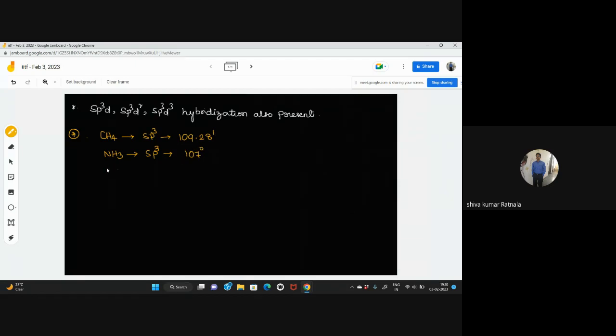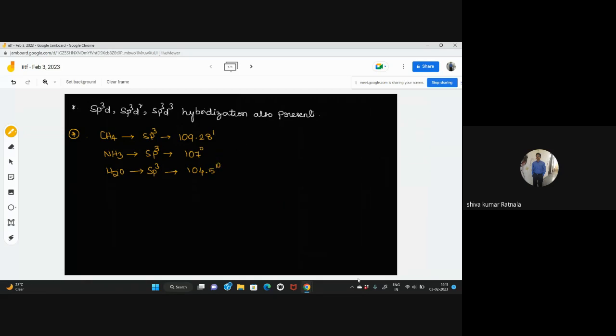And similarly H2O is also SP3 hybridization only, but the bond angle is nearly 104.5 degrees.